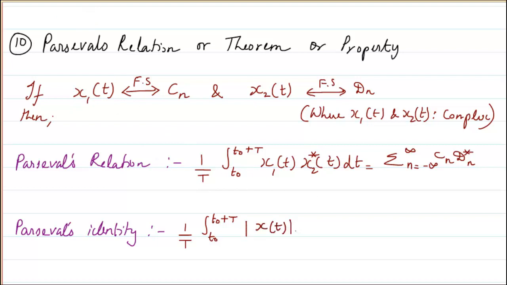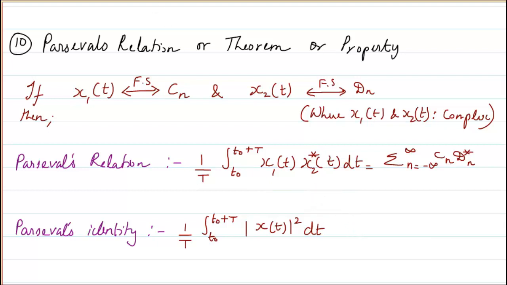So what I have considered here is that x1 of t and x2 of t are the same, which I will write here. Okay, then this above equation is the same equation, but since they are the same, they will multiply and I will get a square value.